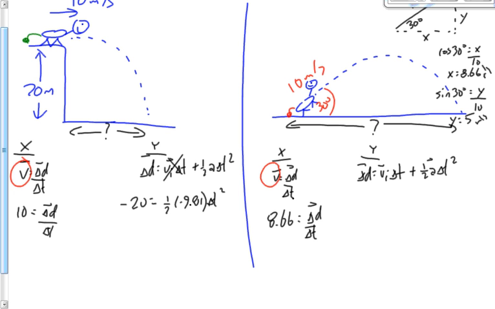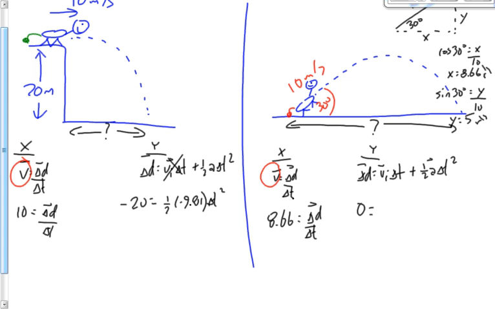What's delta D for the y component? Look at this. Okay, ball's going up, or buffalo going up. What's the vertical displacement? Where does it end up vertically relative to where it started? Okay, 0. It lands on the ground.